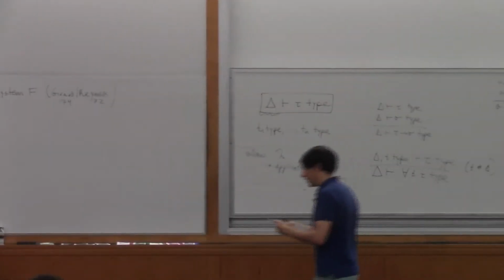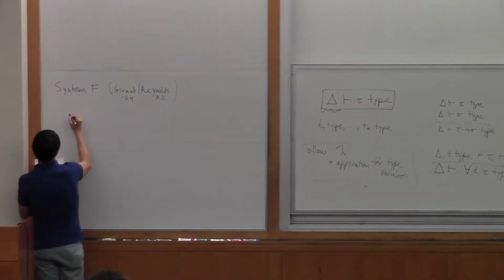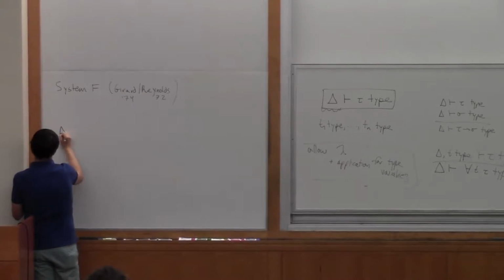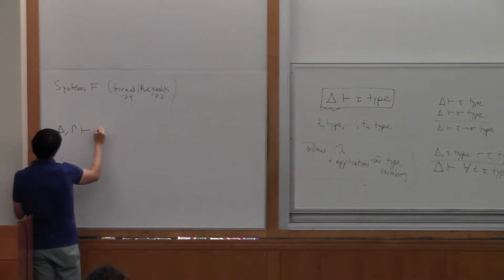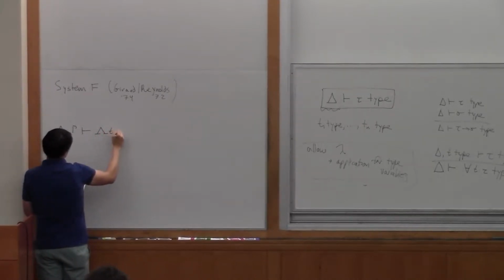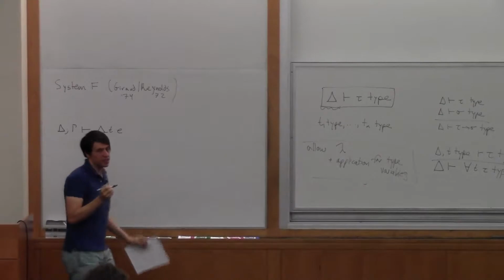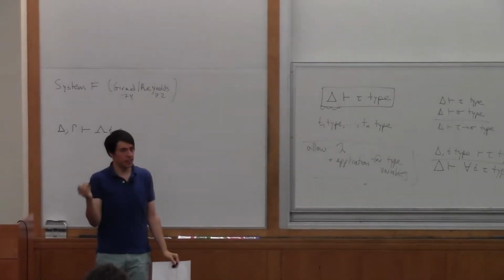So here's what that looks like in syntax. It's customary to write this as a capital lambda, just so you can tell by looking at the term whether you're talking about a term variable or a type variable.